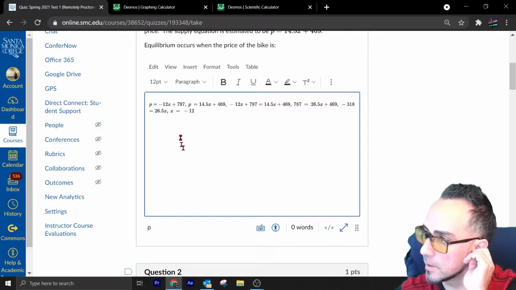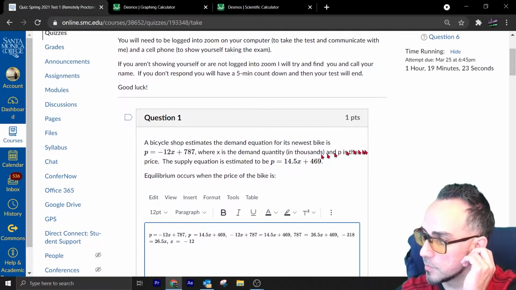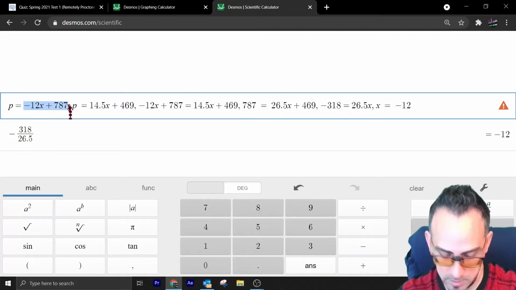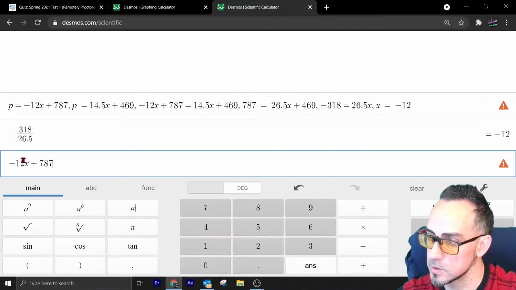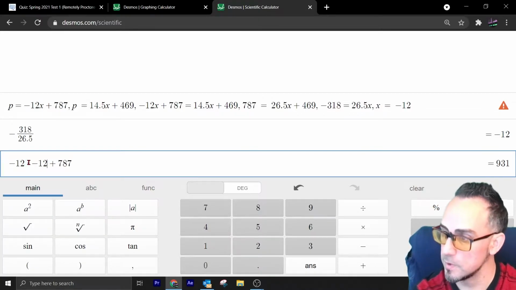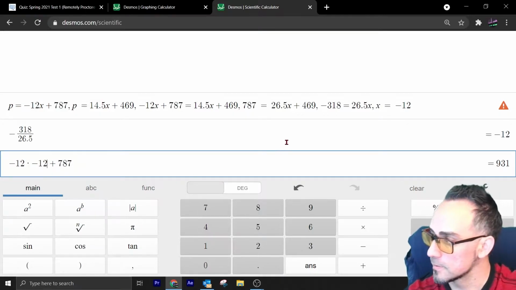Anyway, that's just the x value. I need the P, so I could go back and grab one of these, maybe this side. Control C, Control V, and I'll change this x to 12. So 787 minus 12 times 12 gives me 931.